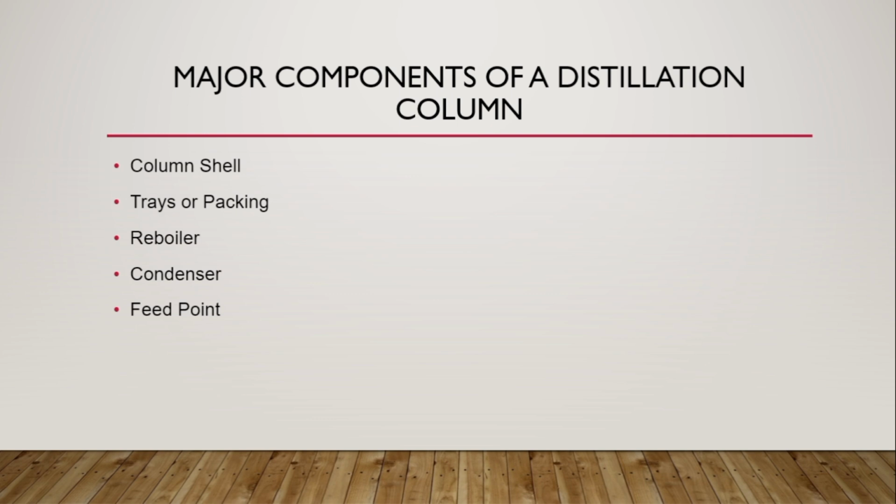The reboiler boils the remaining liquids that condense back to the distillation column. It boils them back up to do more distillation. The condenser condenses the vapor down to become liquid and go out through the bottom outlets. Too much English. The feed point is basically where the feed goes inside the distillation column. Your product going inside the column, that's that point.